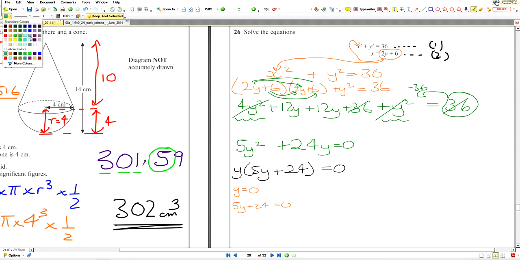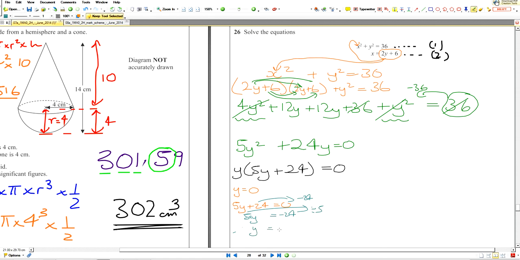So let's choose a nice color. Opposite of add 24 is minus 24. So 5y is equal to minus 24. And then the opposite of times by 5 is divide by 5.